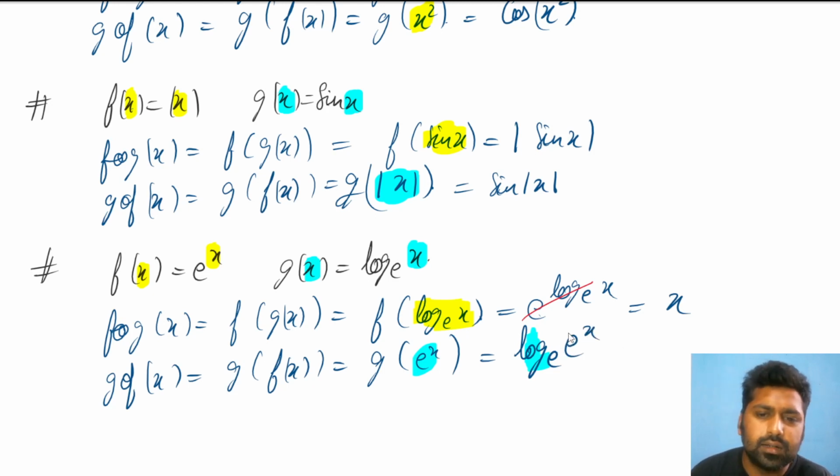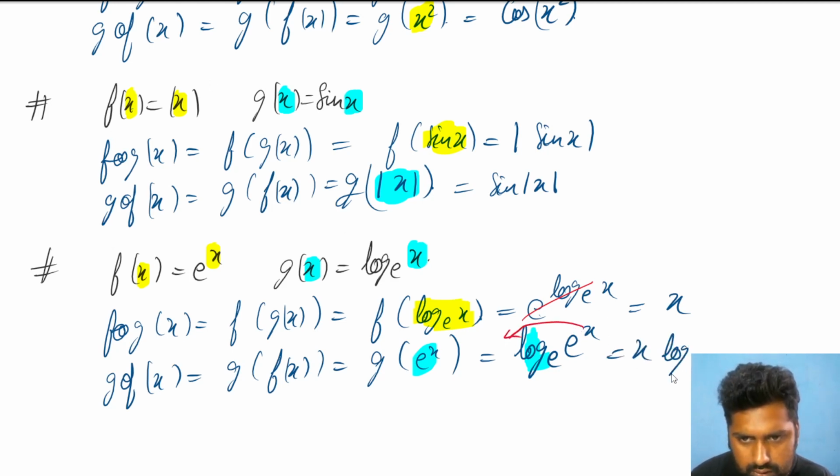Now you know that this power can come down. That's the property of log. So that becomes x log base e. What is log e? 1. So it becomes x again.